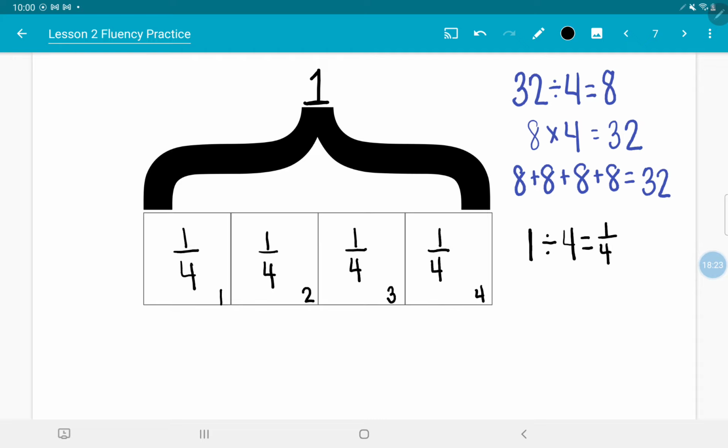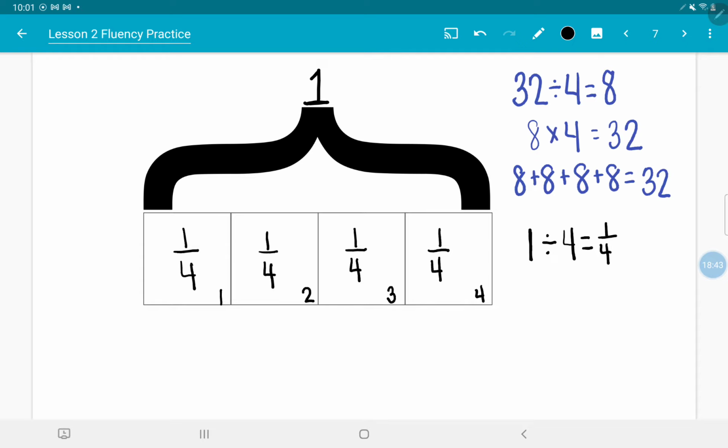How could I write that same equation as a multiplication sentence? What's the value of each piece? What did we just say the value was?